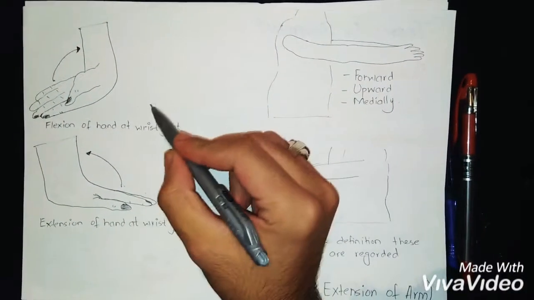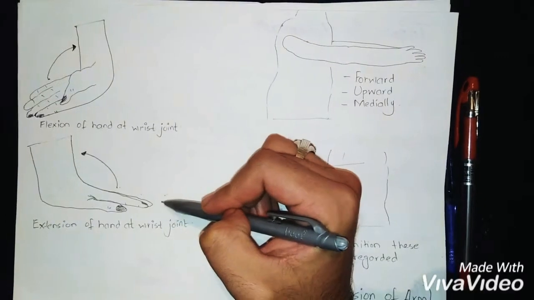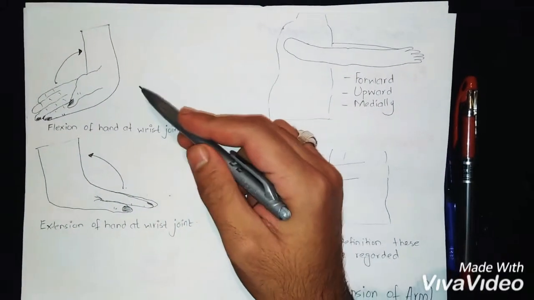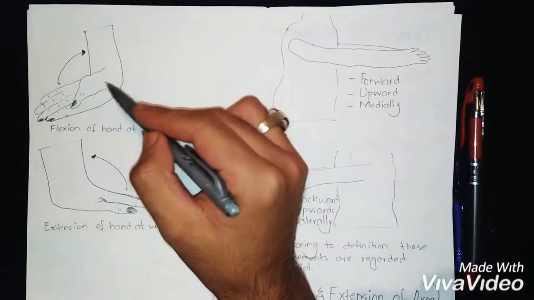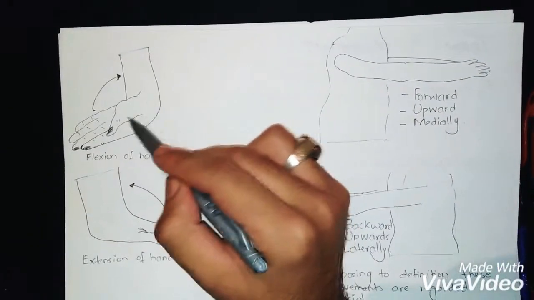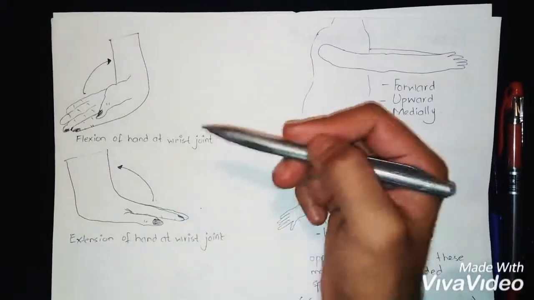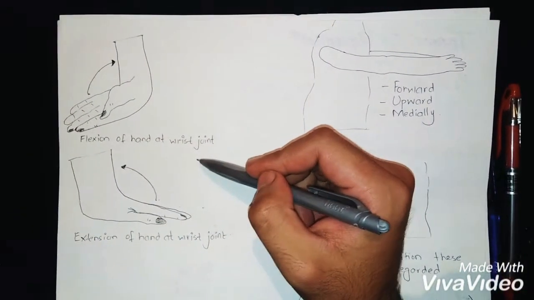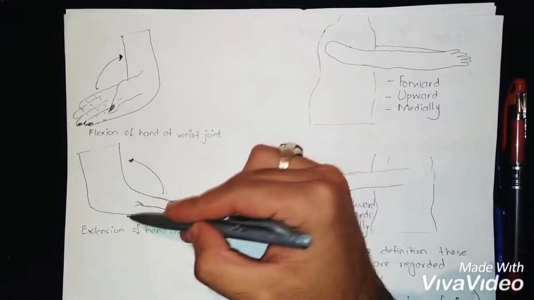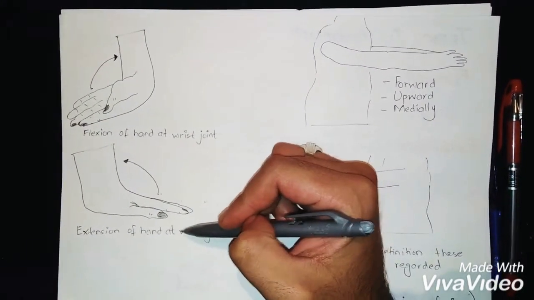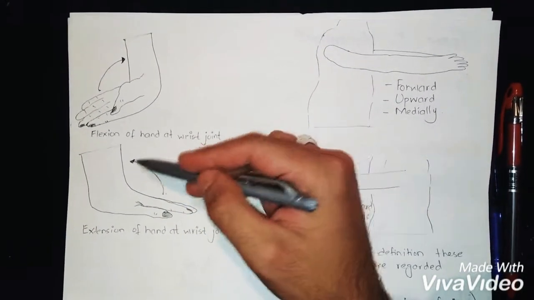And if we see the flexion and extension of the hand at the wrist joint, we can say that flexion is the forward movement of the hand that decreases the angle between the hand bones and forearm bones. But contrary to the general definition, in extension of the hand at the wrist joint, the angle between the bones of the hand and the bones of the forearm again decreases.